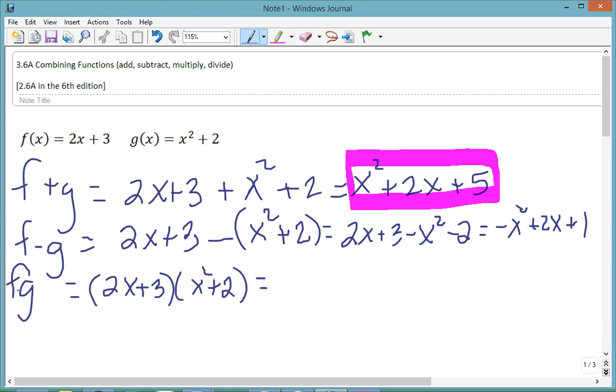And 2x times 2 would be 4x. And then 3 times x squared would be 3x squared plus 6. If I were going to write this in order, I'd probably put the 3x squared in front of the 4x.